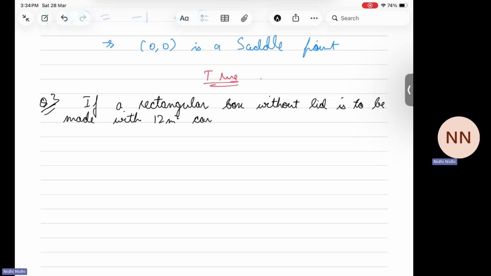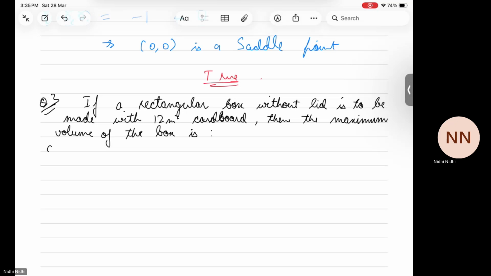That means we are given the surface area except for the top part. Then the maximum volume, we need to maximize the volume, maximum volume of the box is 1 meter cube, 2 meter cube, 3 meter cube, or 4 meter cube.